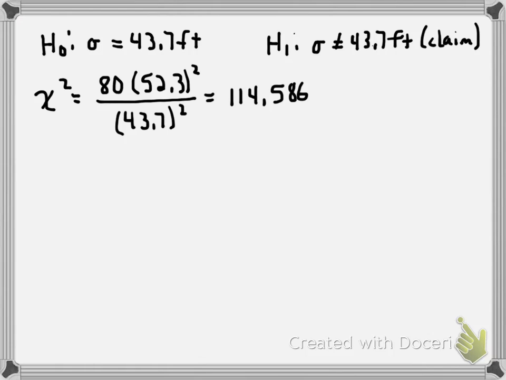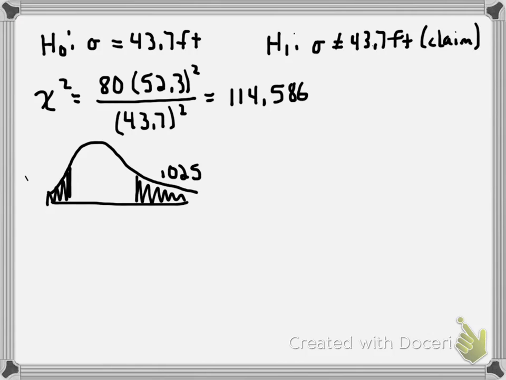And now we need to find any critical values. Chi-square, remember, is a skewed distribution. The not equal to sign in H1 tells us that we have a two-tailed test. Alpha is 0.05, so we have 0.025 in each tail and 0.95 in the center.